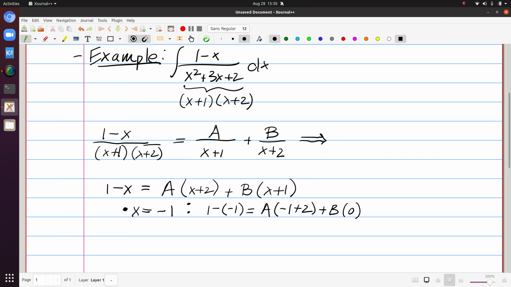The significance of plugging in a root there is it removes one of the unknowns from this expression. So we're going to get that 2, the left-hand side, is equal to A. So now we found the constant A.